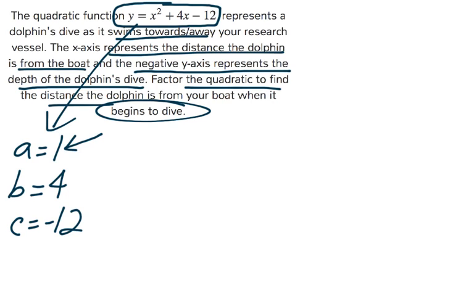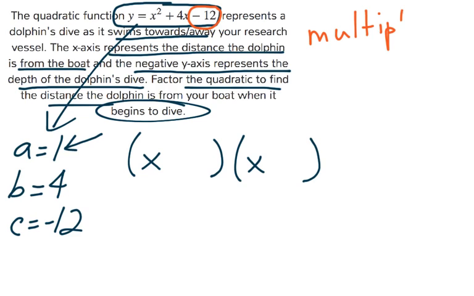In this simple case, you basically just look at your b and the c. To factor, we want x plus or minus something times x plus or minus something, right? Since the number at the end is negative 12, if you remember how to double distribute or FOIL when you multiply the factors together, you'll know that the negative 12 is what you get when you multiply those numbers together.